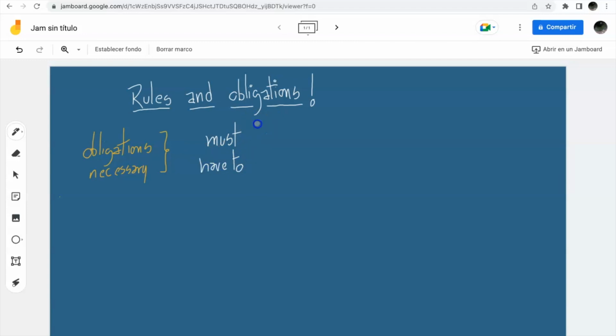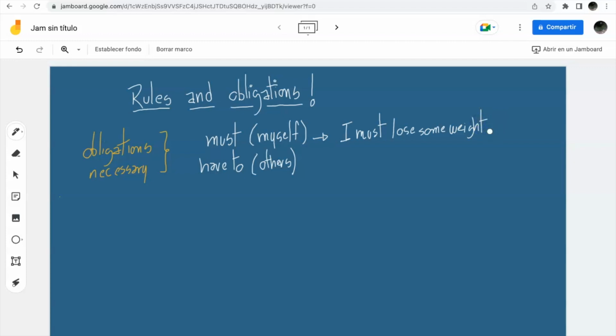Right? So must, you use it for yourself, most of the times, right? And have to, by others. So for example, for myself and must: I must lose some weight.